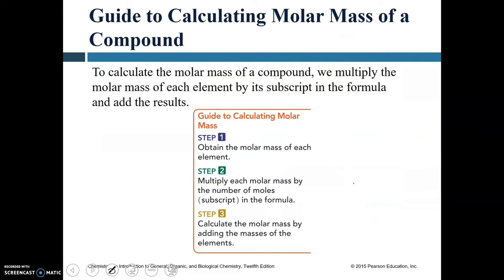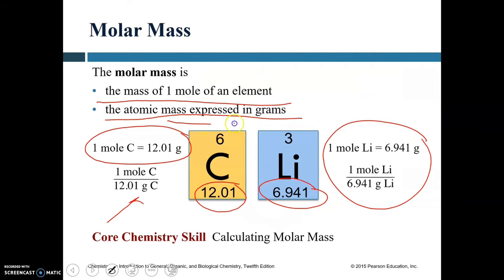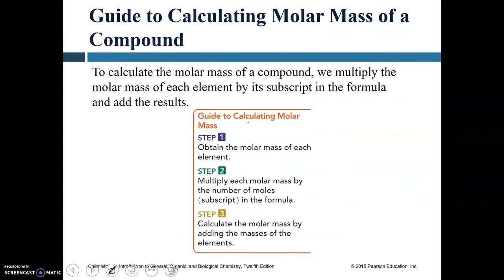So how do you calculate the molar mass of a compound? We already learned that the molar mass of an element is equivalent to its atomic mass expressed in grams. To do the same for a compound, we take the molar mass of each element and multiply it by its subscript.